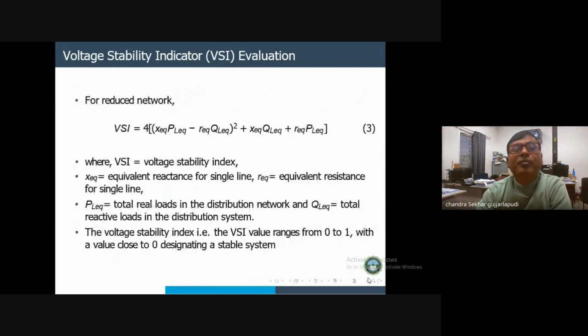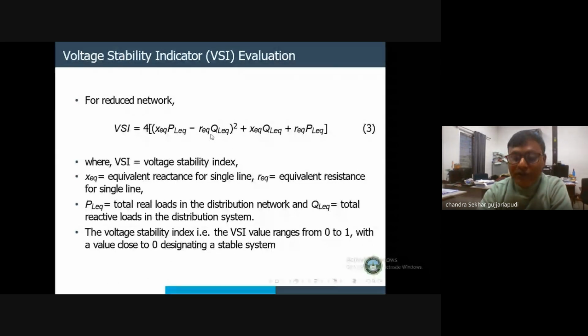From that only we are getting an indicator, the VSI, voltage stability indicator, which is given by that one. And this value normally comes between 0 to 1. Since this is a known thing and is already there in the literature, we are not explaining it now.